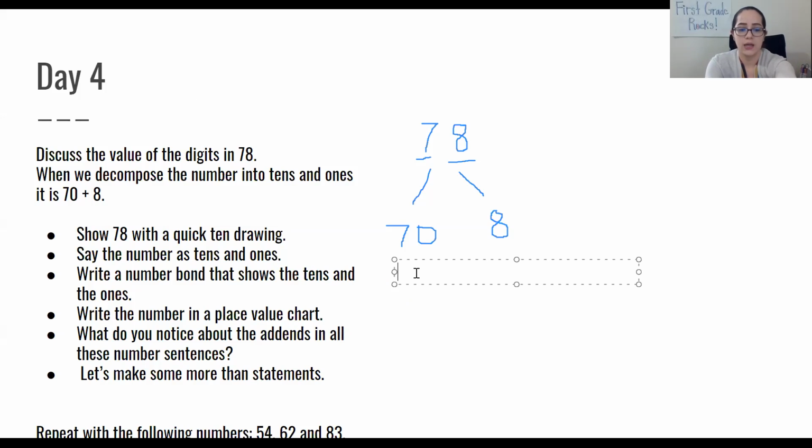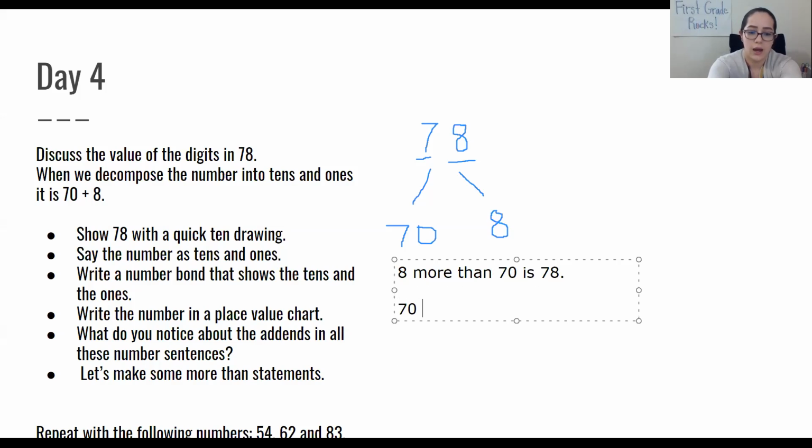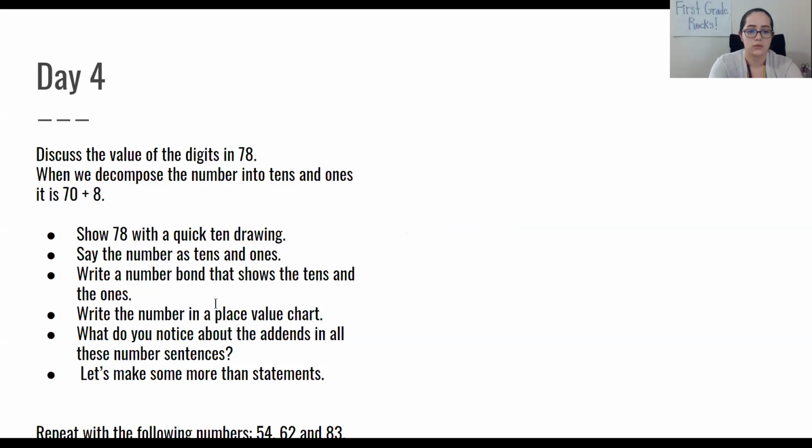So students can say 8 more than 70 is 78, or 70 more than 8 is 78. And you will do the same thing for 54, 62, and 83, where you do the quick 10 drawings, say the numbers as tens and ones, and so forth.